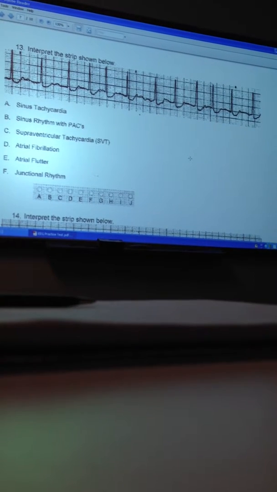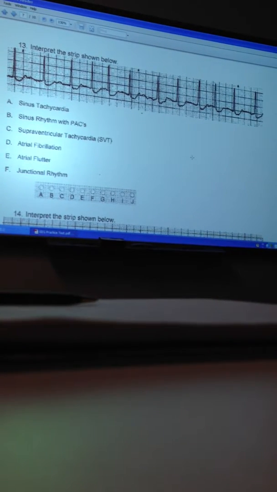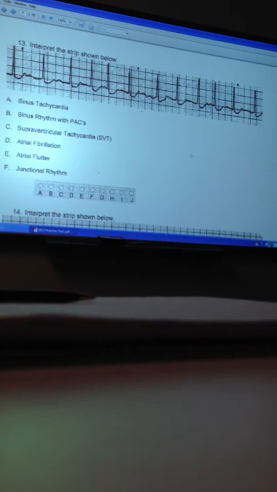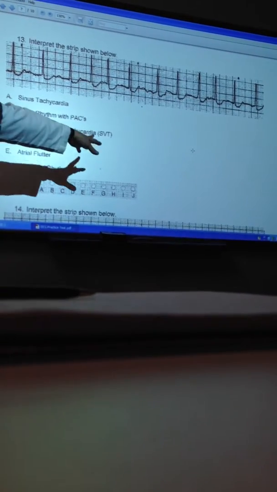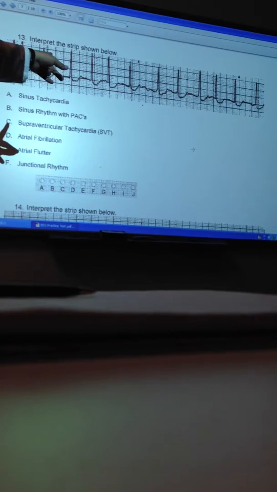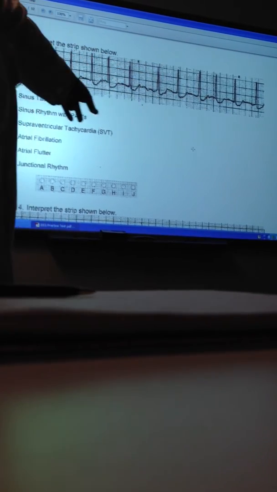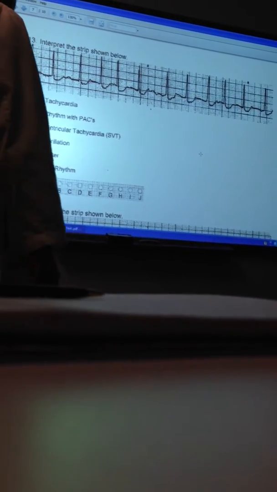So we know it's not a sinus tach, and we already said it's not sinus tach, so throw out sinus rhythm. SVT? That's too irregular to be SVT, so let's throw that one out. Atrial fibrillation, let's put that in the parking lot. Flutter?